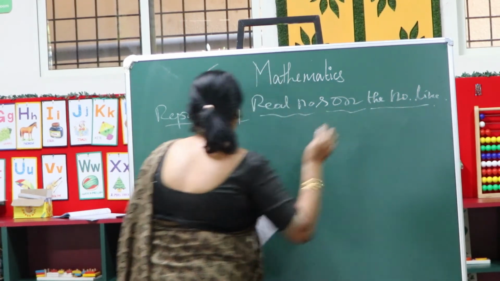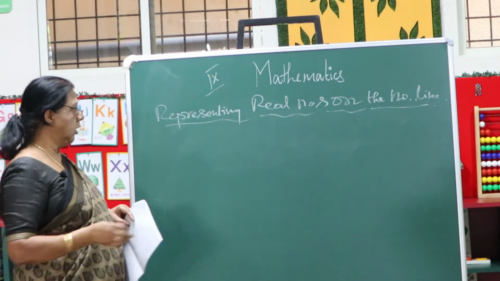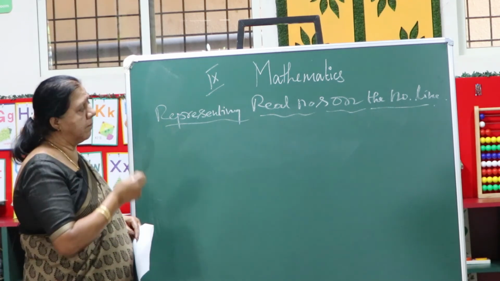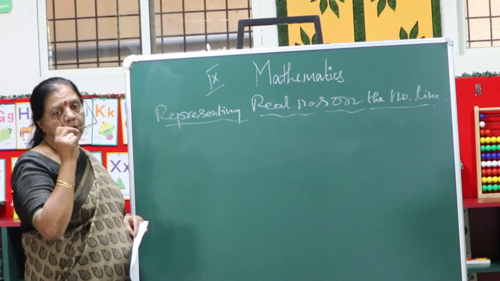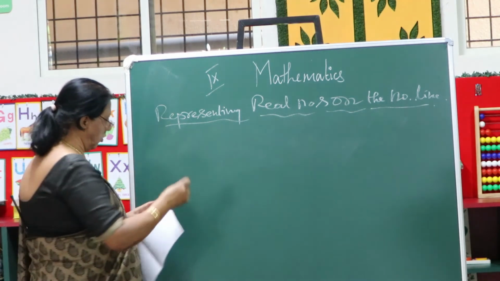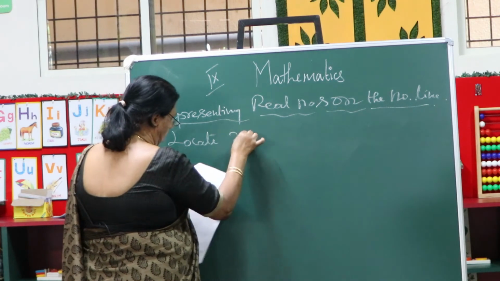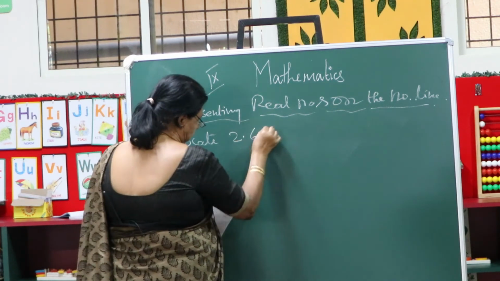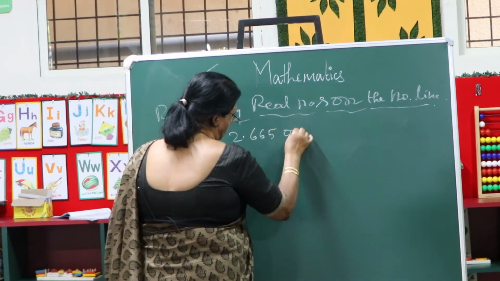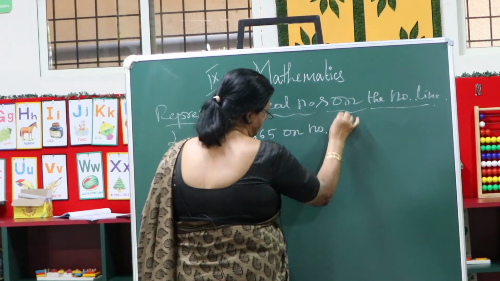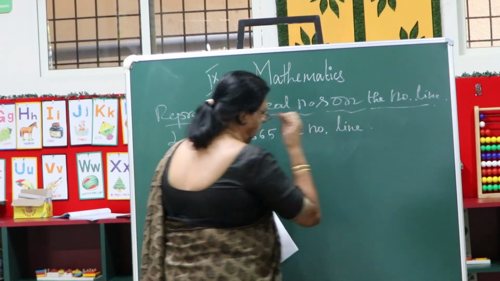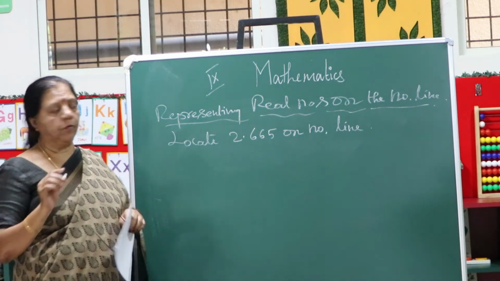You go through it. So representing real numbers on the number line. The one sum I will solve for you. So locate 2.665 on number line. How to represent? You know very well.